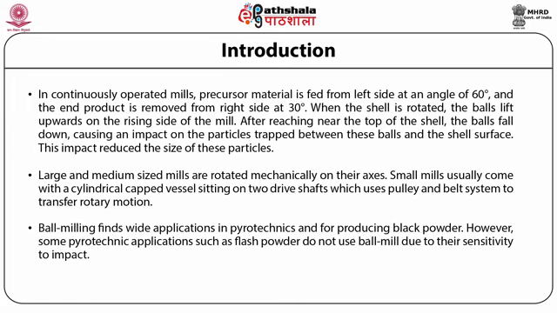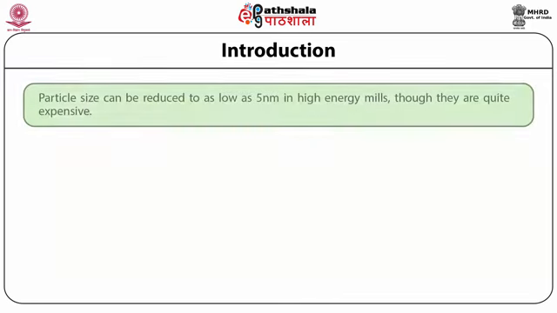Ball milling finds wide applications in pyrotechnics and for producing black powder. However, some pyrotechnic applications such as flash powder do not use a ball mill due to the sensitivity to impact. Particle size can be reduced to as low as 5 nanometers in high energy mills, though they are quite expensive.